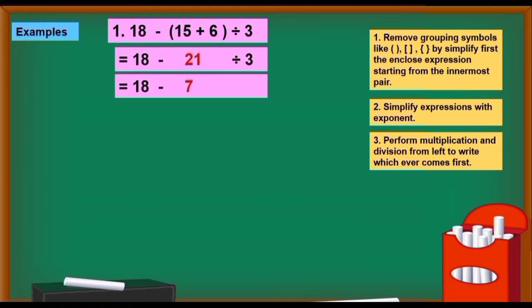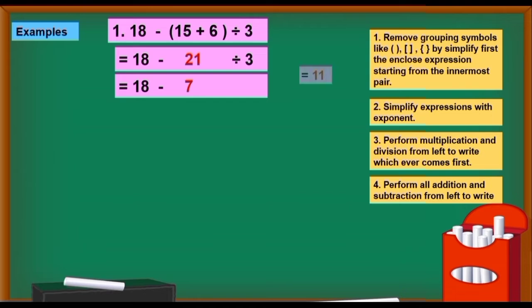So, maiiwan lang din po yung 18 minus then 7. And then, perform all addition and subtraction from left to right. So, ngayon, 18 minus 7. And what is 18 minus 7? Yes, that is equal to 11. So, 18 minus the quantity of 15 plus 6, divided by 3 po ay equals 11.